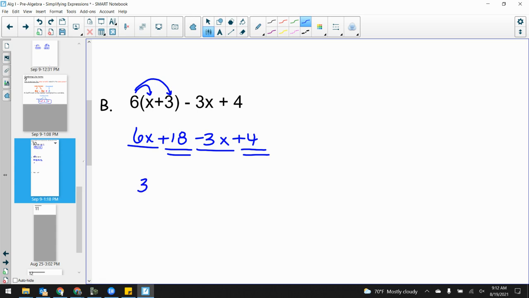Good. 6x and then minus 3x become positive 3x. 18 and the 4 become 22. Questions about that? Don't forget, this minus 3x, you treat almost like a negative 3x, right? 6x plus a negative 3x. You're combining the positive 6 and the negative 3 to become a positive 3. Or you can think of it as 6x minus 3x as well.